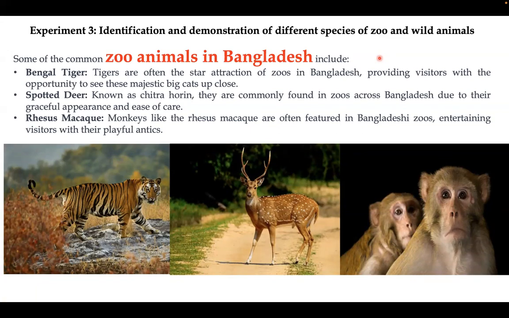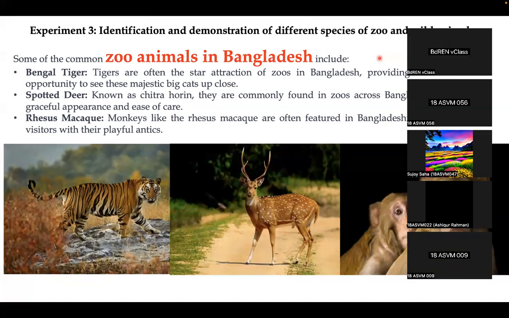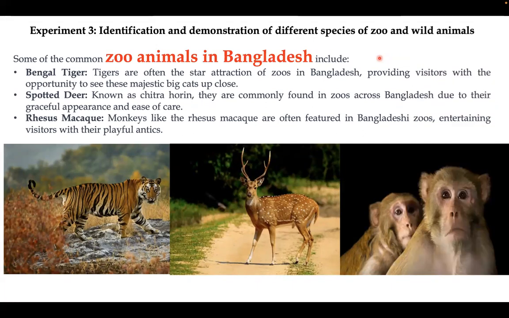Similarly, for this experiment, if pictures are given, you have to identify and you may have to write down their identifying characteristics or use etc. Depending on the question, something like this may come.